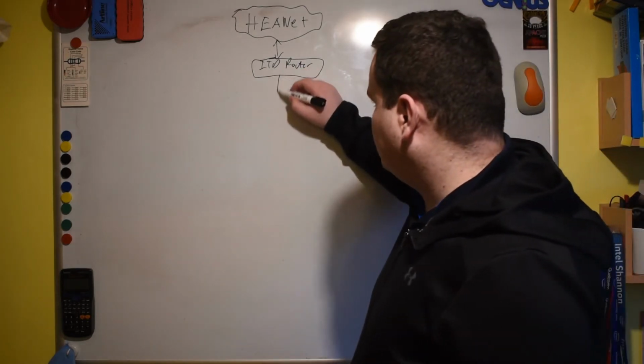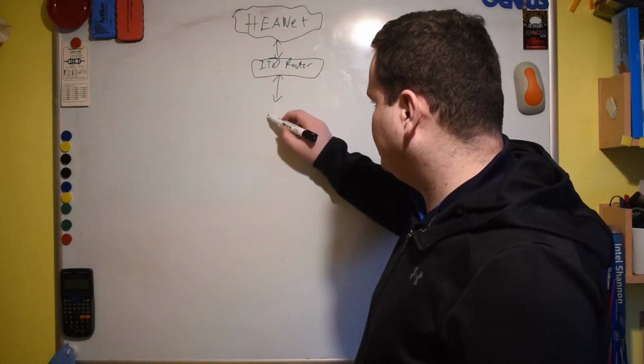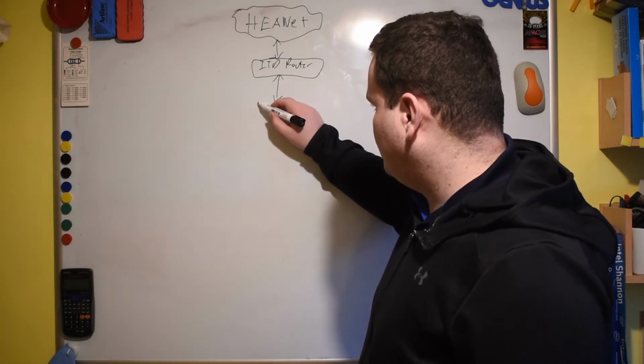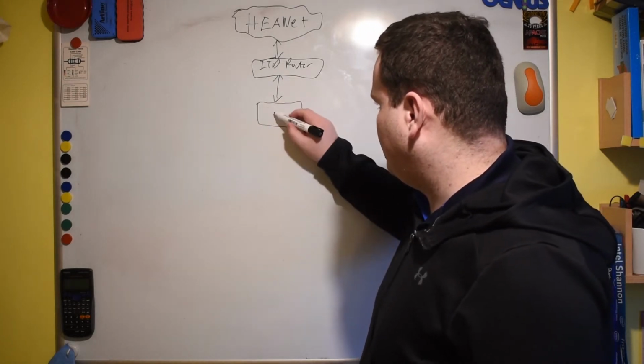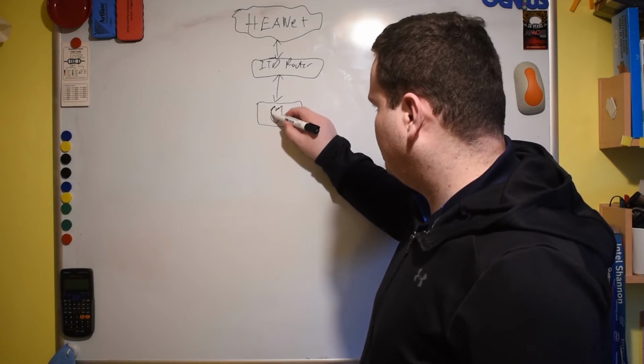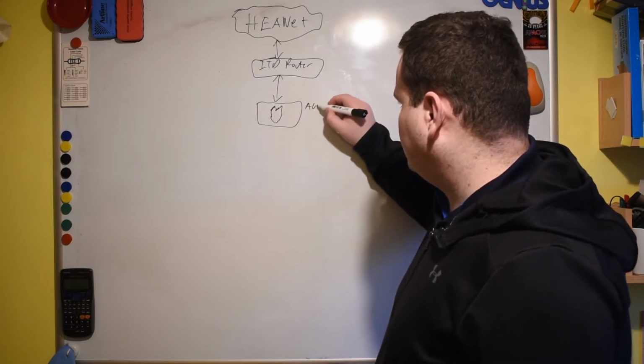Then that comes down into one of our machines, which is a firewall. And that machine is called Agent Jones.